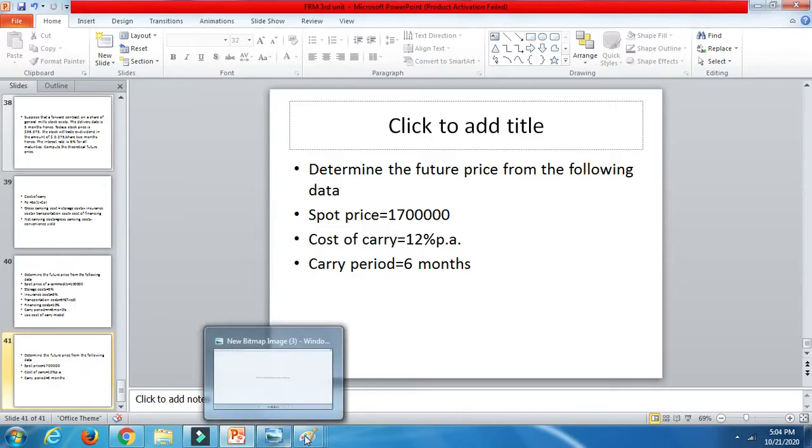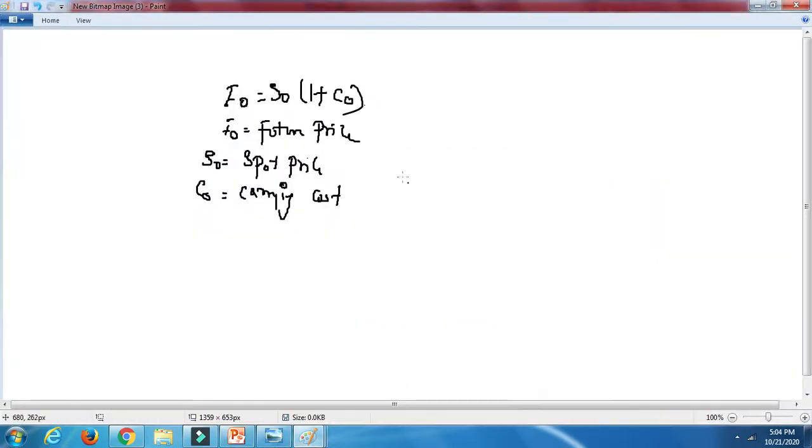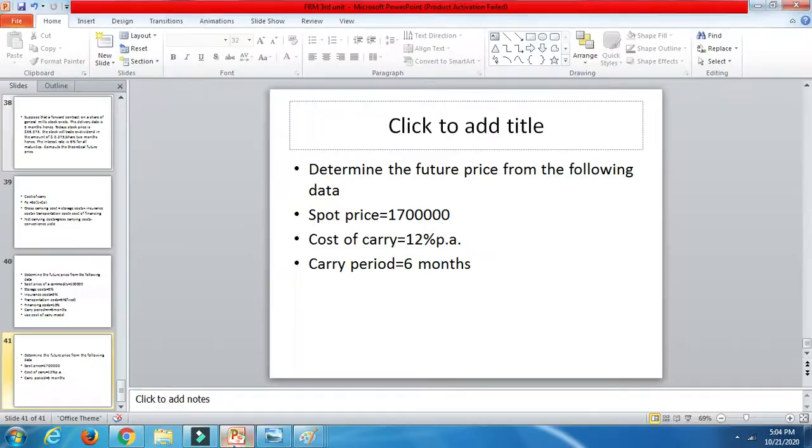Spot price 17 lakhs. Let's take down that rupees 17 lakhs. Right, 17 lakhs he has given.